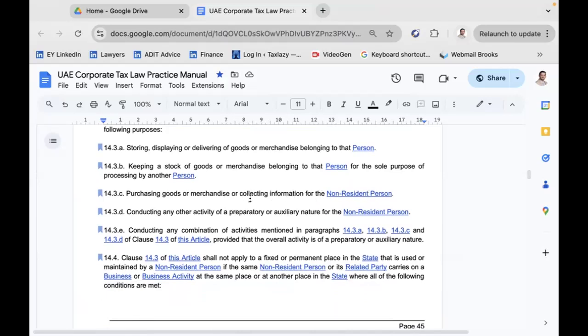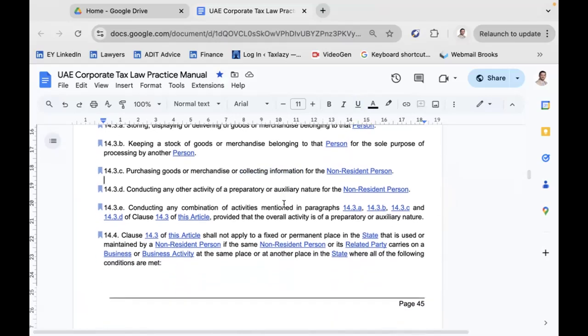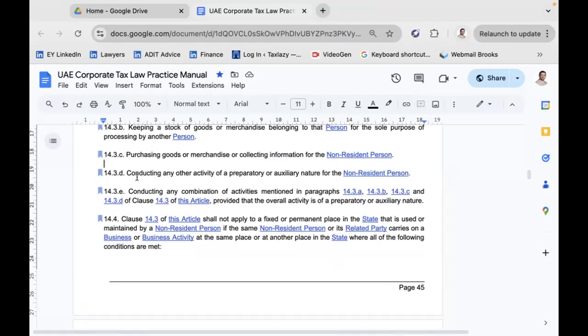This is something, if you remember, in our earlier modules, we read about rep office. Remember, guys? One of the types of licenses that we get in UAE, one example is rep office, representative office. So they only do collection of information or research on the market and all that. They don't do business.